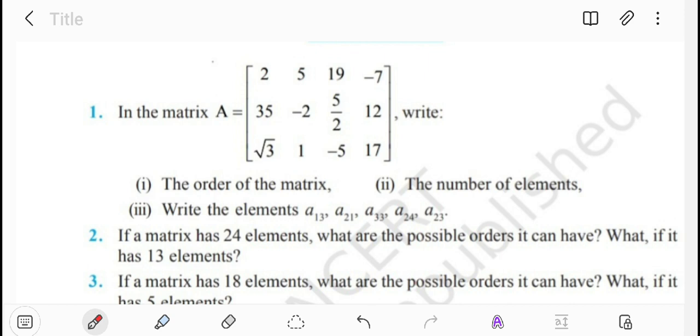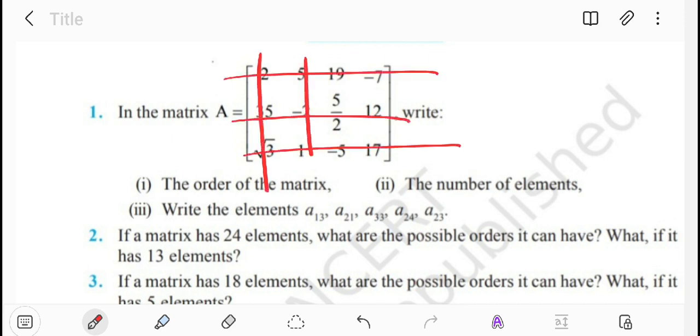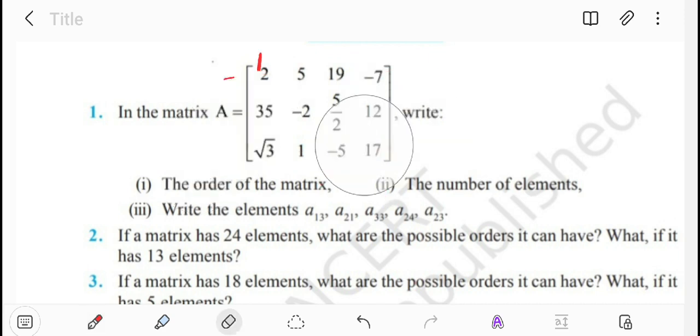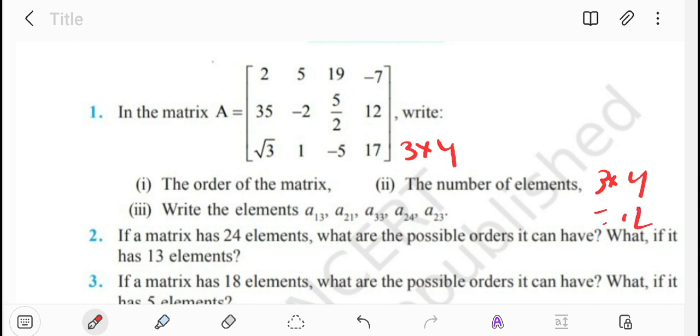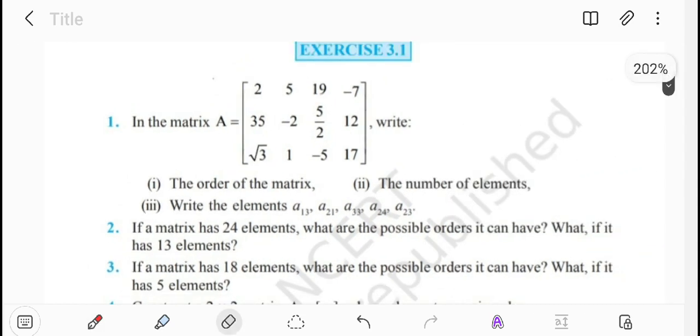In this matrix A, we can very easily see that there are 3 rows and 4 columns. So the order of this matrix is 3 by 4. The number of elements should be 3 into 4, that is 12. Let me write clearly on the next page.